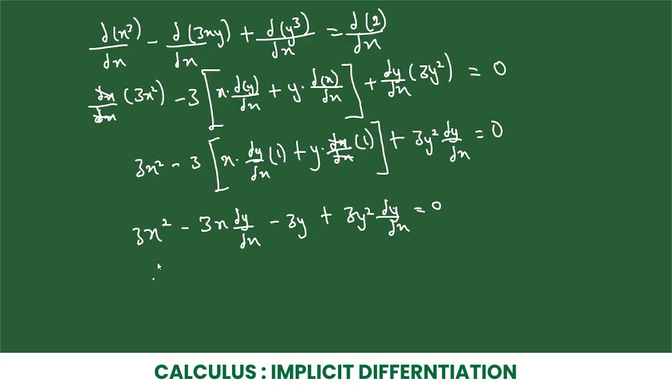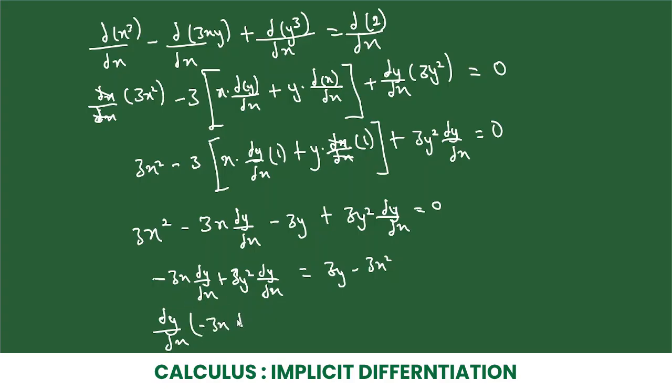So here we are going to have minus 3x dy over dx plus 3y squared dy over dx, which is equal to, so 3y will go, and 3x squared will go. When you factorize dy over dx out, you are going to have dy/dx times minus 3x plus 3y squared, right? Is equal to 3y minus 3x squared.